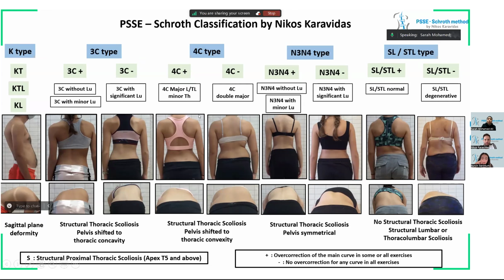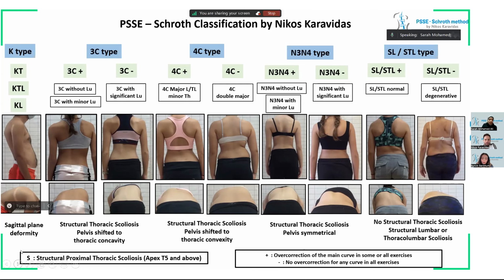In 4C type, the main curve will be the lumbar or the thoracolumbar curve. In the non-3, non-4, the main curve is the thoracic, and in the SL and STL, the main curve is the lumbar or thoracolumbar. So the plus sign: overcorrection of the main curve in some or all exercises. The minus: no overcorrection in any curve in all exercises.